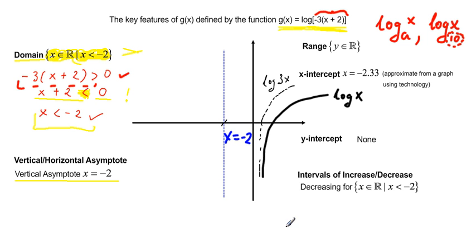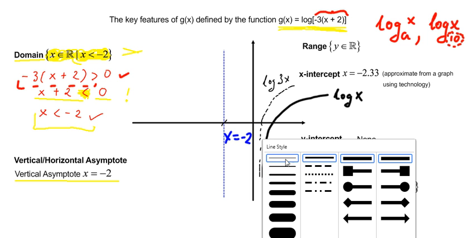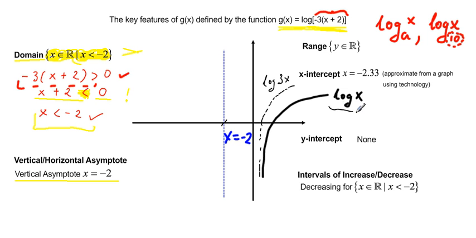Now let's go back to the original graph of that logarithmic function. Okay, so logarithm to base 10 of x would be, let's say, right here on the graph with 1, 0. So that is my x-intercept.